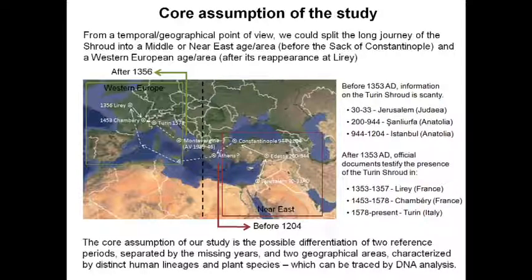So the core assumption of our study is the possible distinction of two reference periods separated by the so-called missing years, and two geographical areas characterized by distinct human lineages and plant species, which we can trace by DNA analysis.